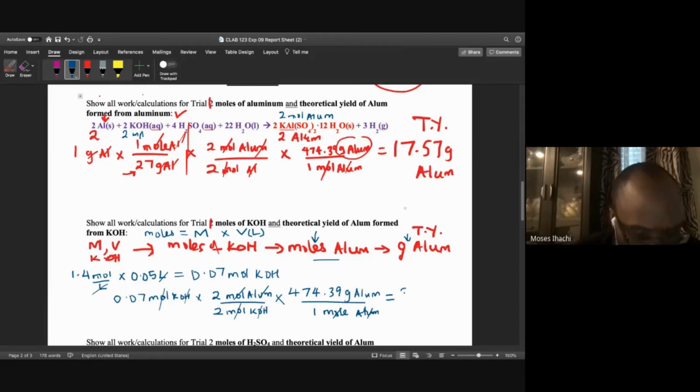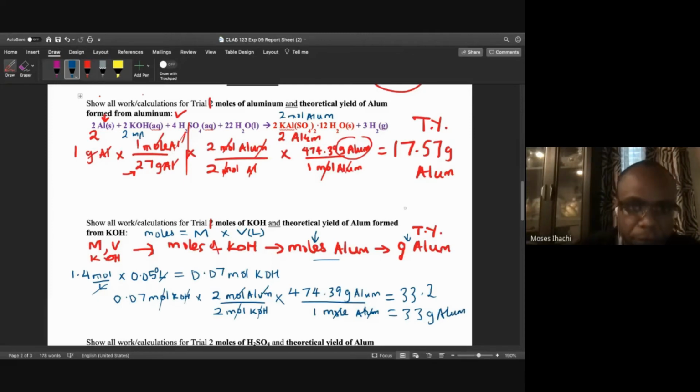So I'm getting the answer to be 33.2. Significant figures, how many? I think it should have been 2 significant figures. So let me say, I'm getting the answer to be 33 grams of alum.